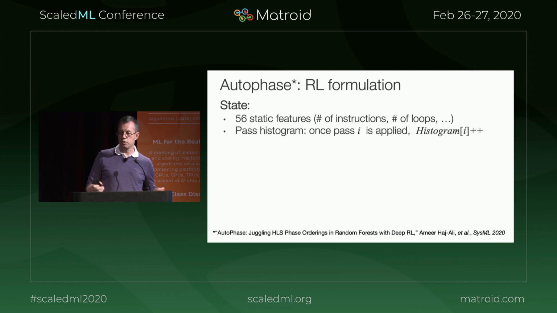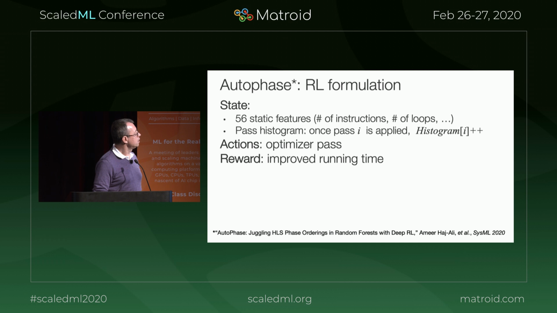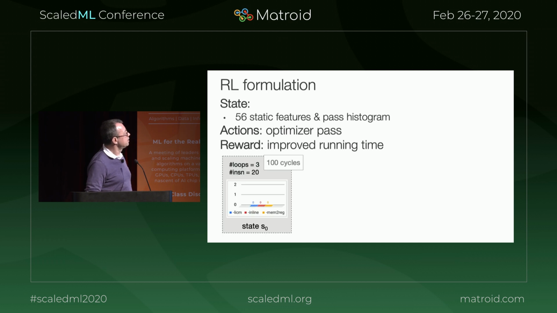You have a certain number of passes, in this case up to 45, and whenever we apply a pass, we increment the corresponding index in that histogram. I'll give you an example. Actions are optimizer passes, which pass you pick next. And the reward is the running time, by how much you improve the running time. It's quite natural.